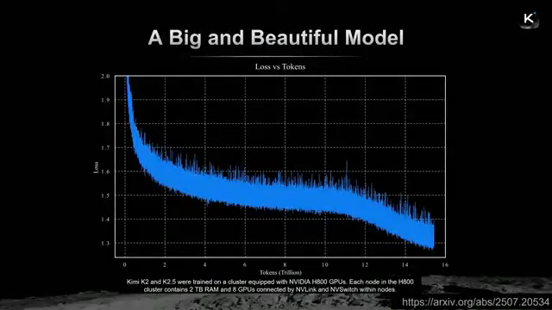So this is also one of the most beautiful curves that I have observed in my life. This is the training curve of the K2.5 base model. As you can see, it went through over 15 trillion tokens, and of course in K2.5 we additionally trained another 15 trillion tokens. The entire training process is just so stable.